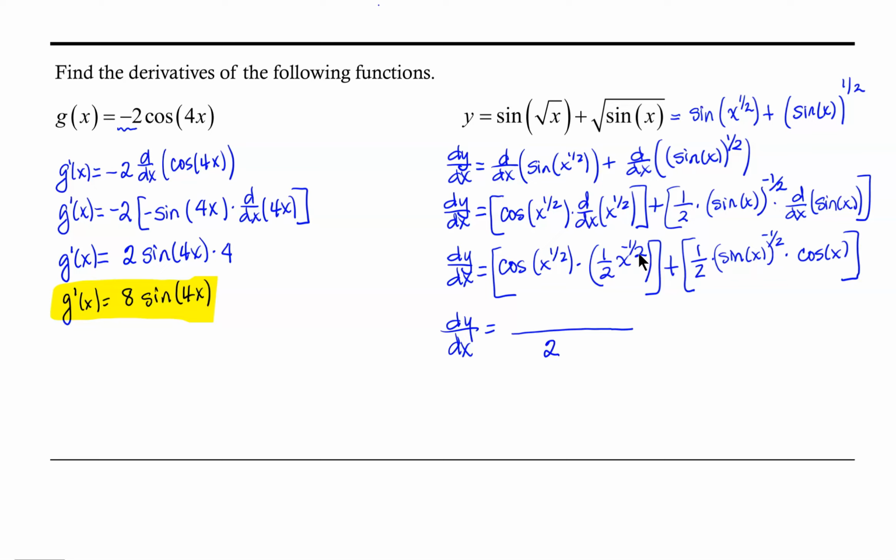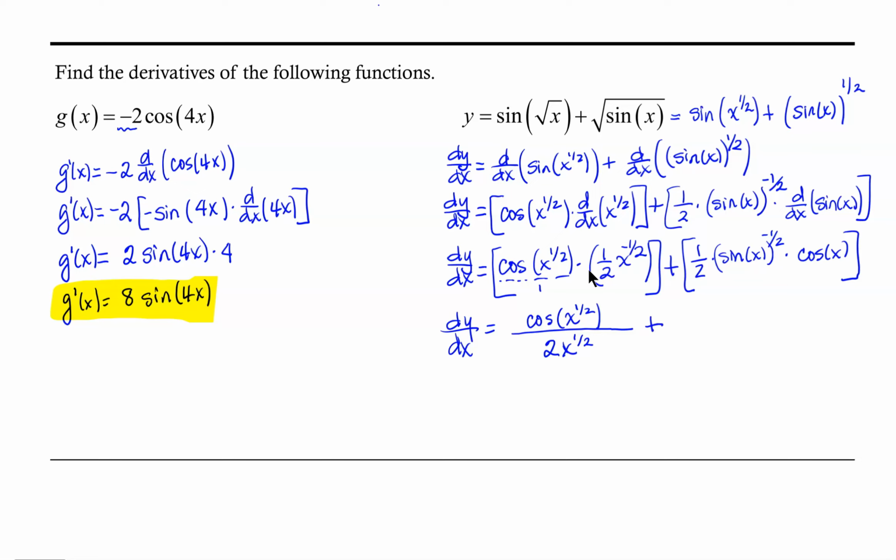So we'll have 2 from the 1/2, and then we'll have a square root of x, or an x to the 1/2, either way, in our denominator. And that will leave this cosine of x to the 1/2. We could think of that as being over a 1, so that belongs in the numerator. So cosine of x to the 1/2.